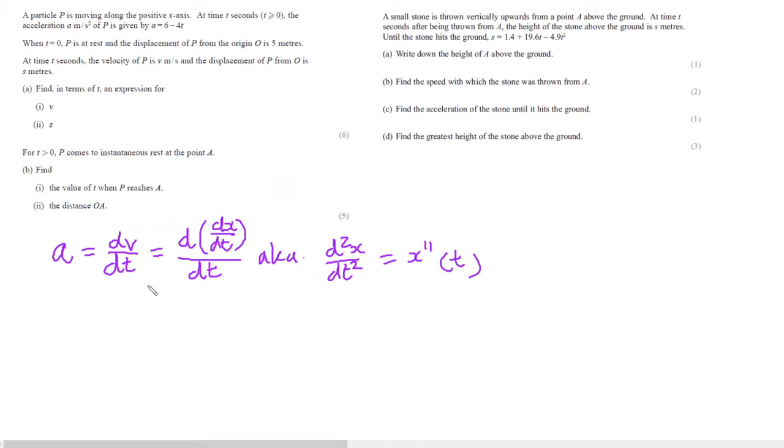So those are just a bunch of different ways of thinking about the acceleration. And you can integrate to get from acceleration to velocity, and from velocity to displacement.